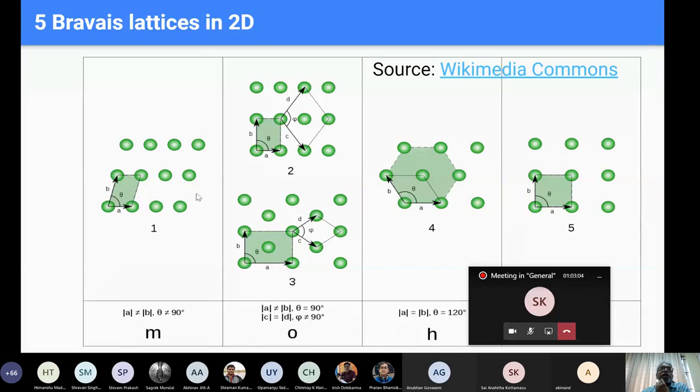And now you go to the second column, where there are two different kinds of rectangles that have been drawn. In the figure numbered 2, you get a simple rectangle. And the figure numbered 3 is a centered rectangle, which actually came from the rhombus. You see the rhombus that has also been drawn there.